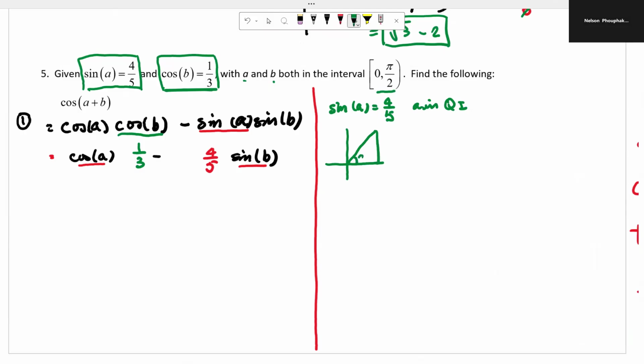Remember to indicate that the angle here is A. The opposite of A is 4, and the hypotenuse is 5. Then I just need to find this side right here. Of course, x squared plus 4 squared is equal to 5 squared.